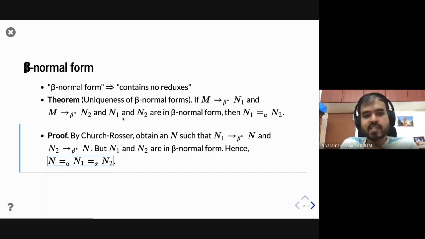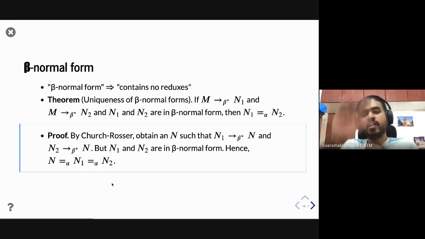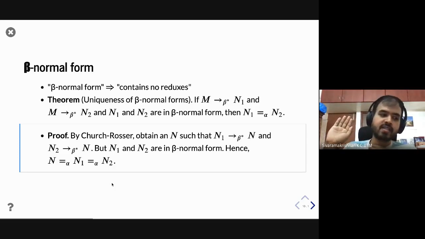So it must be the case that these two are alpha equivalent. All of these are alpha equivalent indeed. The intuitive meaning of this is that if you take a program in lambda calculus, you choose whatever way you reduce it, you will always arrive at the same result, if you arrive at a beta normal form. That's quite important here.